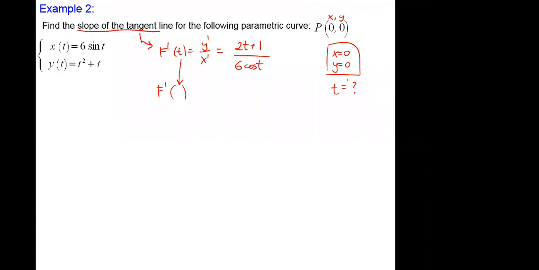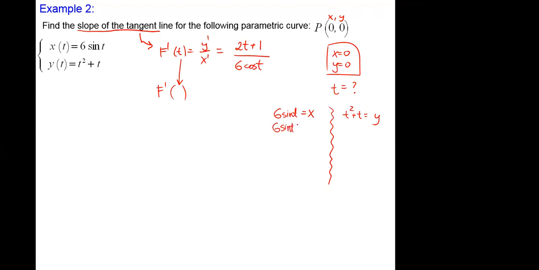What we have to do, we simply have to substitute. X is defined as 6 sine of t, and t squared plus t is y.